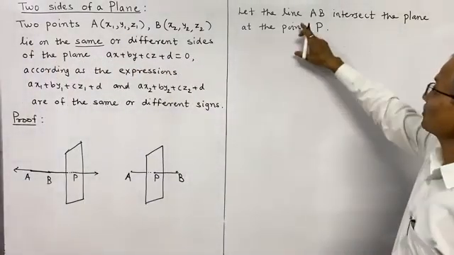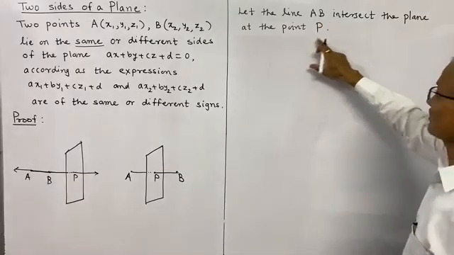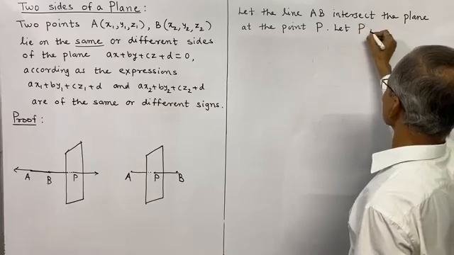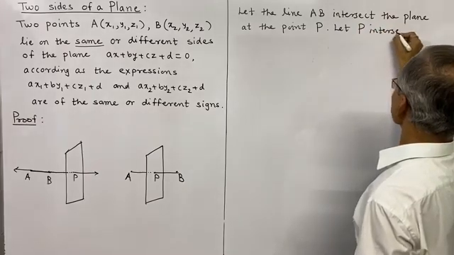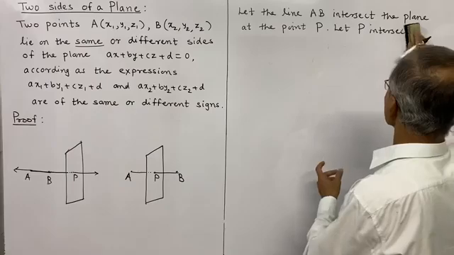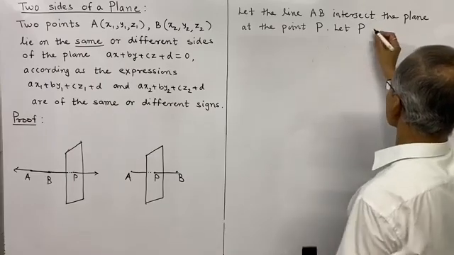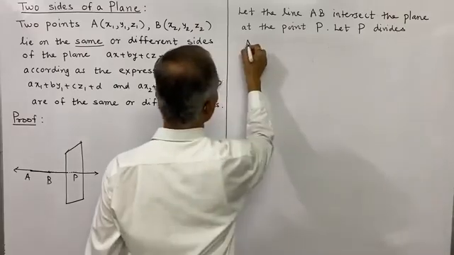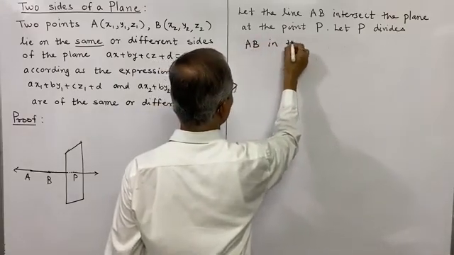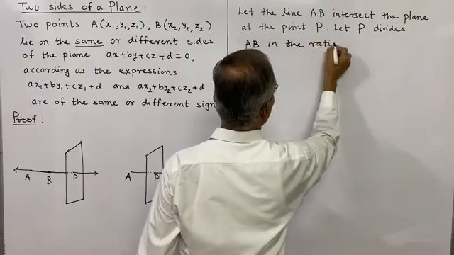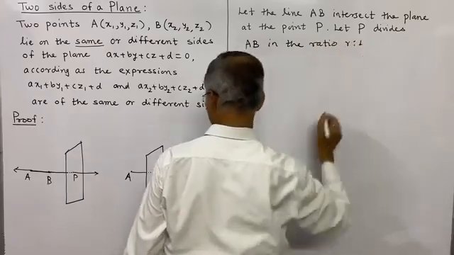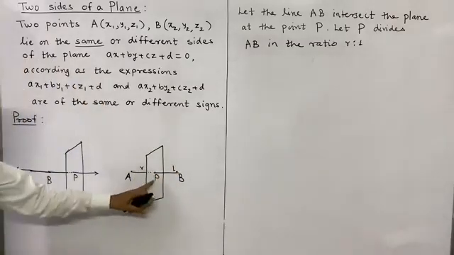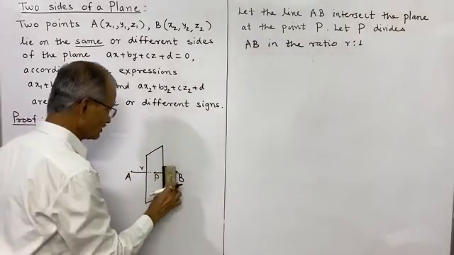So suppose the line AB intersects the plane at point P, and P divides AB in the ratio R to 1, that means this is R and this is 1. AP to PB is R to 1. These are the ratios.